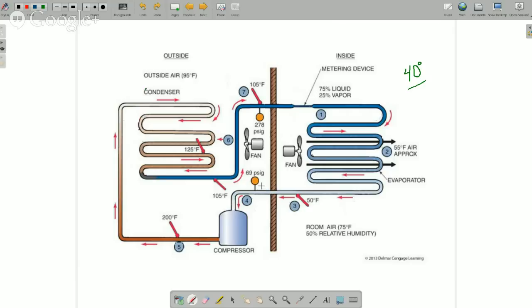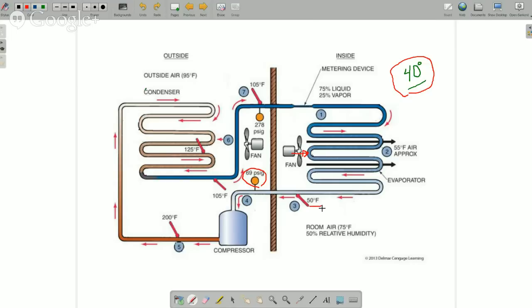So we have our gauge hooked up here outside. We're taking a look at what's happening right here in the coil, and we discovered it was 40 degrees Fahrenheit. If I'm not careful, I'll have a face up there before I'm done. And we put our thermometer on the suction line, and we see that it is 50 degrees Fahrenheit.